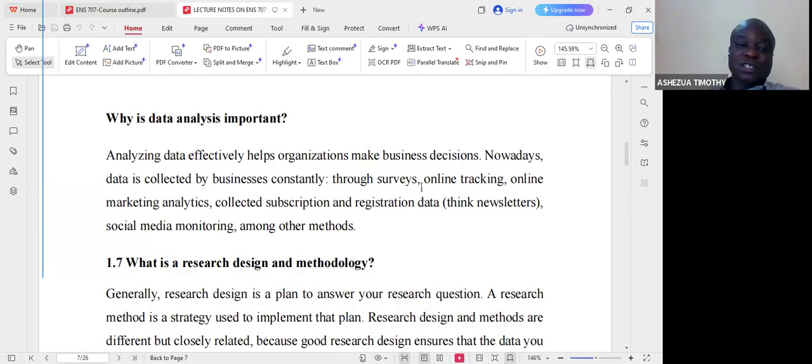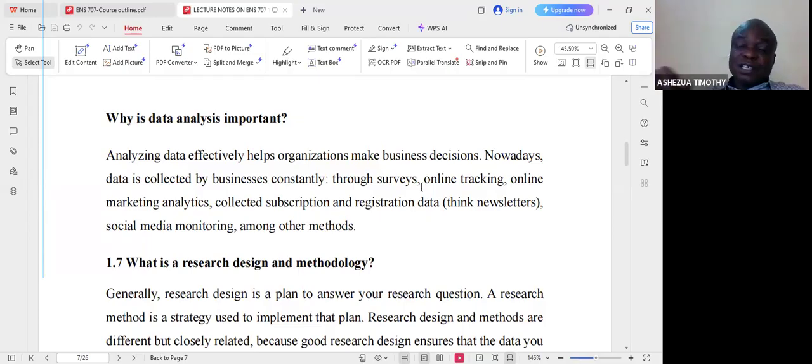So a research method is a strategy used to implement that plan. So you have to perform a research design, then use a statistical tool that best fits. The first one, what are you set to do in your research, your first research design plan?